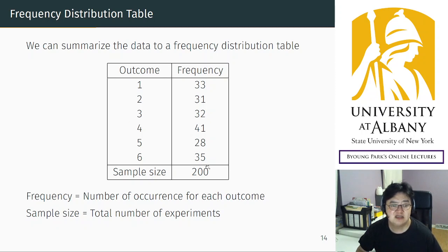In this case, the sample size is 200 because you have repeated that many times. And of course, the sum of all the frequencies must equal the sample size. Otherwise, something is wrong. There is an error. So they must be the same by construction.